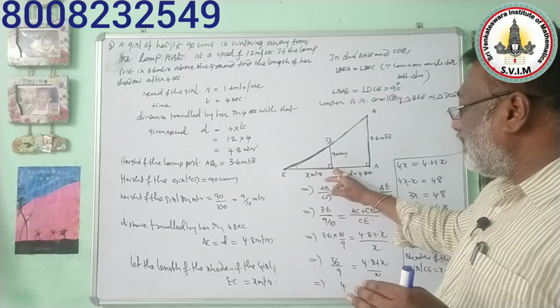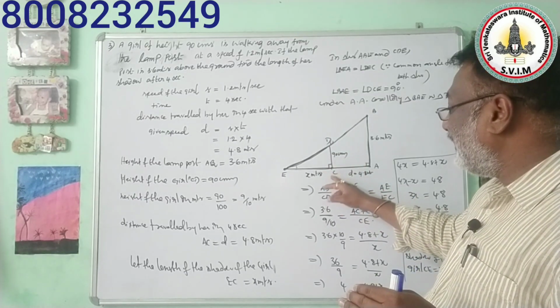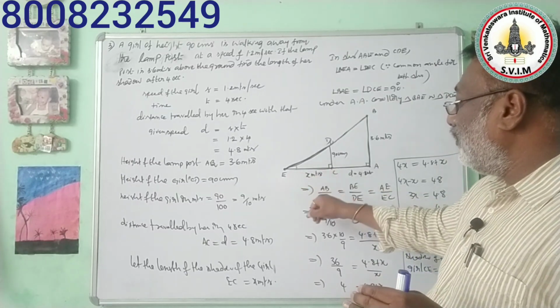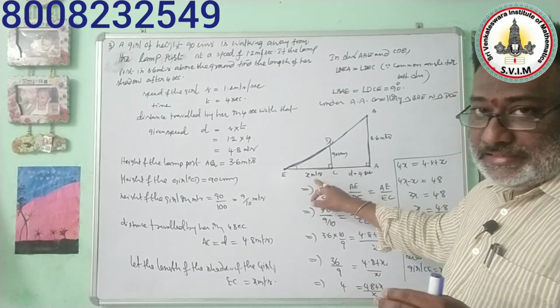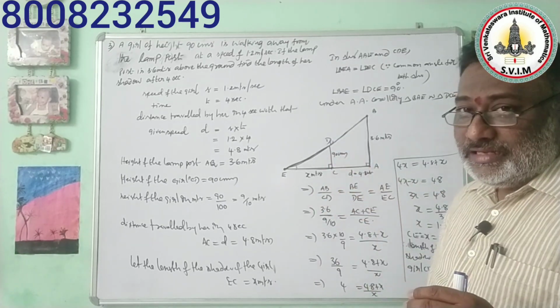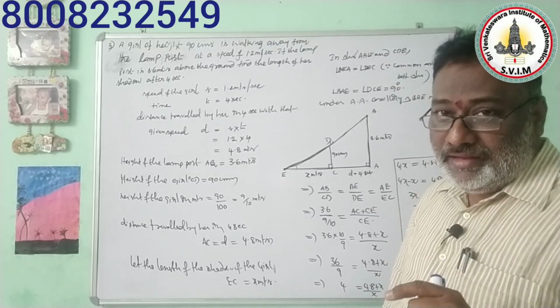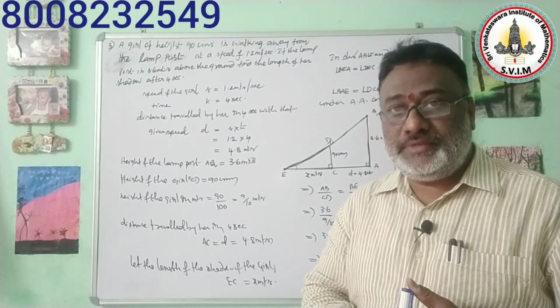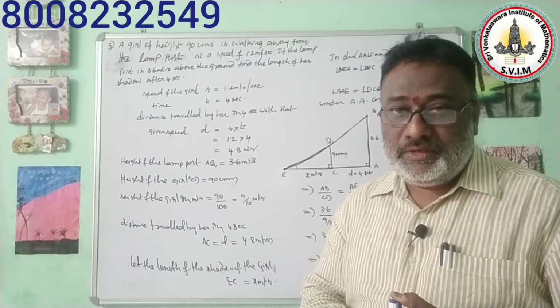The length of the girl's shadow we are taking as CE, and we assume it as x meters. But the height of the girl has been given in centimeters while all the remaining information is in meters.